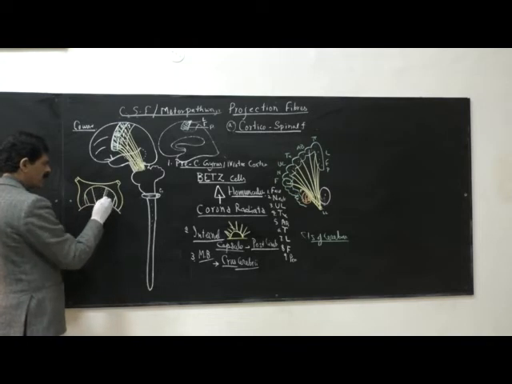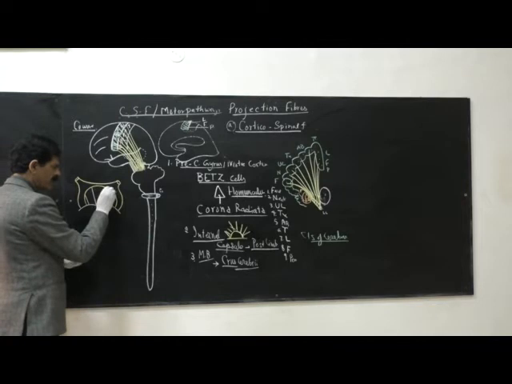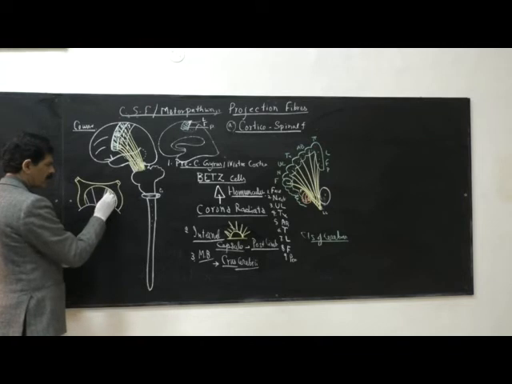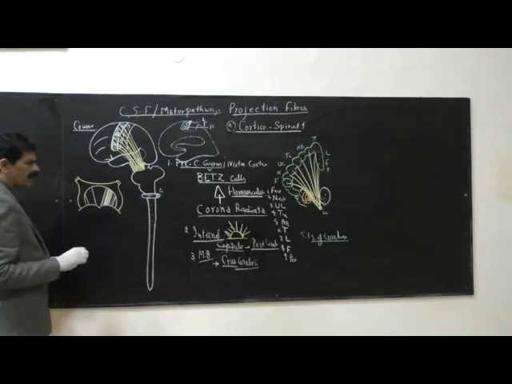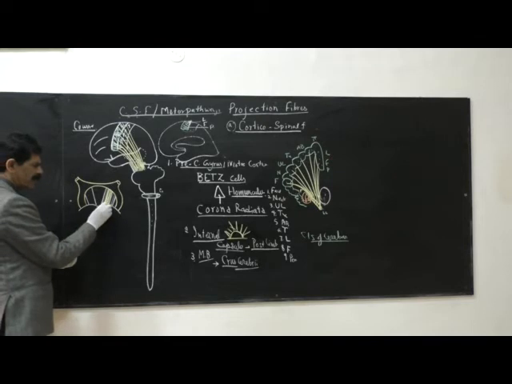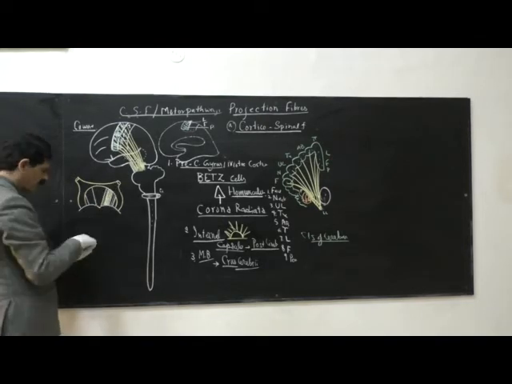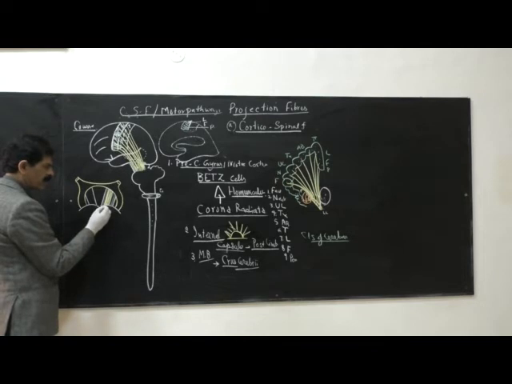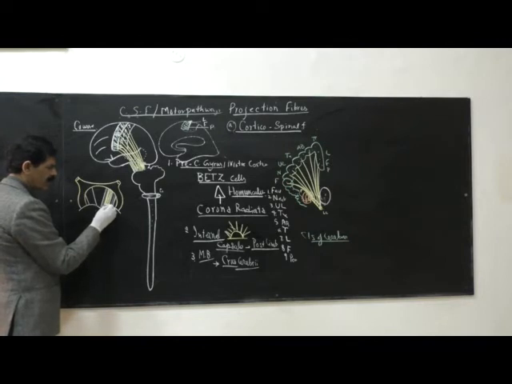So these are the descending fibers, that is the corticospinal fibers, when they come in the midbrain. These fibers are present in the medial 2/5 of the crus cerebri, and they are arranged in this fashion: the corticospinal fibers of the head and neck lie medially, then comes the upper limb, then thorax, then abdomen, and the lateralmost corticospinal fibers belong to the lower limb and the perineum.